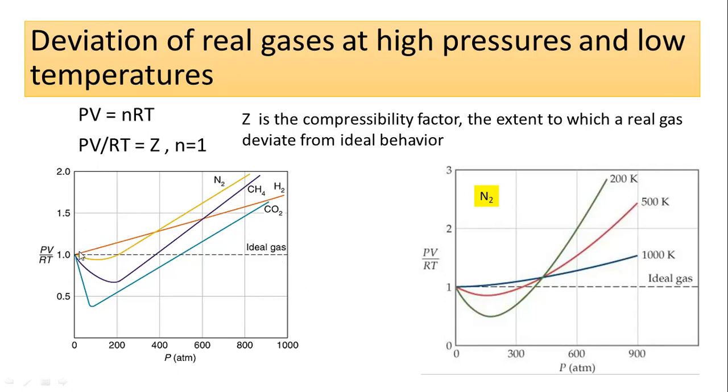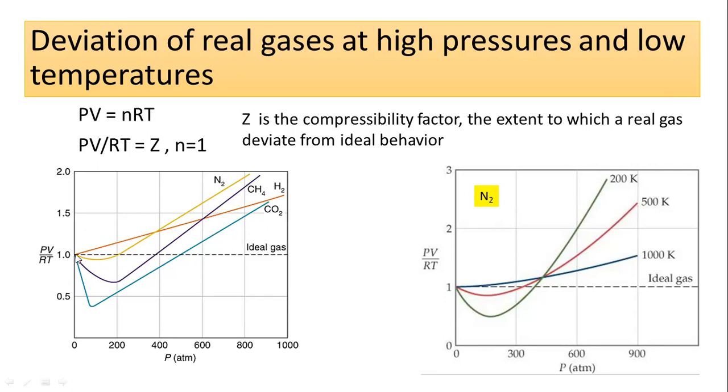So look at it, it is very close at the start when the pressure is small. So these lines are very close to the ideal gas line. That means at low pressure, these gases are going to follow the behavior of the ideal gas. So this is at very low pressure.